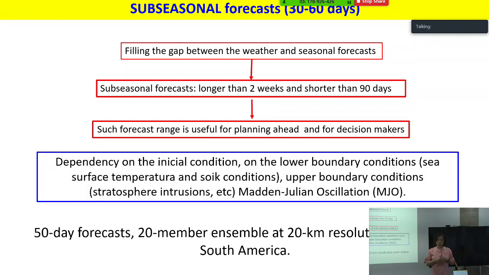Because a weather forecast is for action tomorrow, very near actions. A seasonal forecast is mostly used for seasonal planning ahead. And the sub-seasonal is really filling the gap.